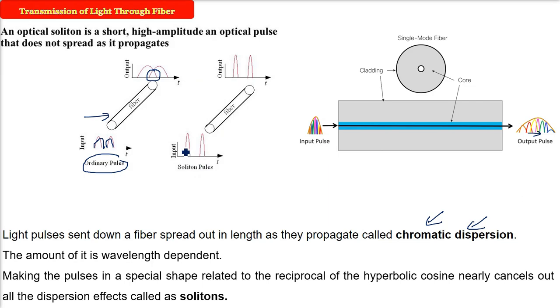Now, if we send it as a reciprocal of hyperbolic cosine, 1 by cosh, these rays are actually a sinc type of thing. If you send it as a reciprocal of hyperbolic cosine, it nearly cancels out all the dispersion effects, and this is called solitons. So this is how you can avoid and reduce the chromatic dispersion.